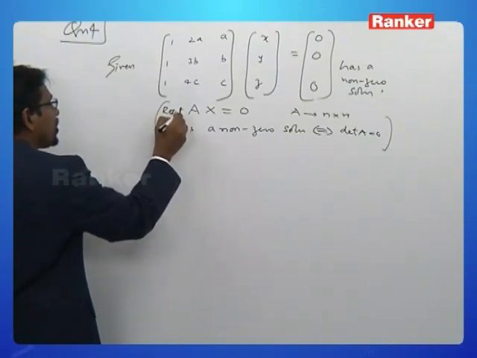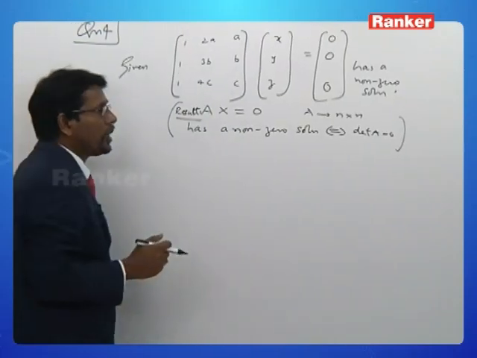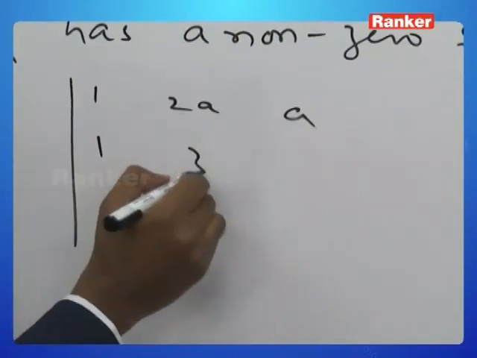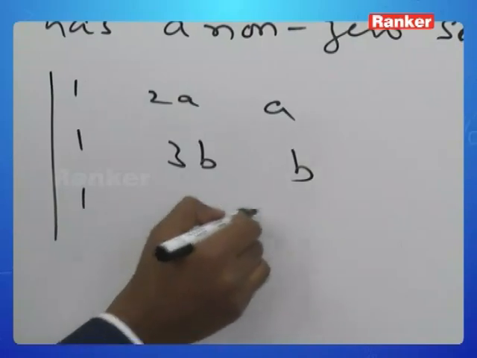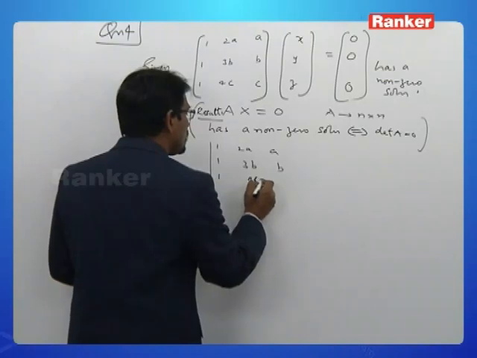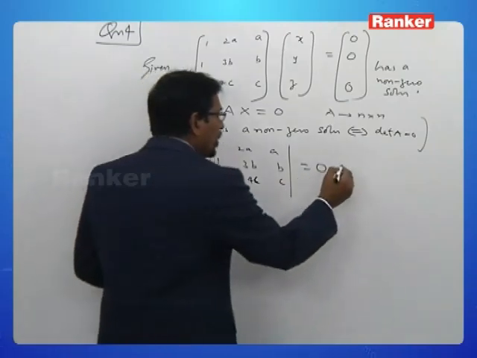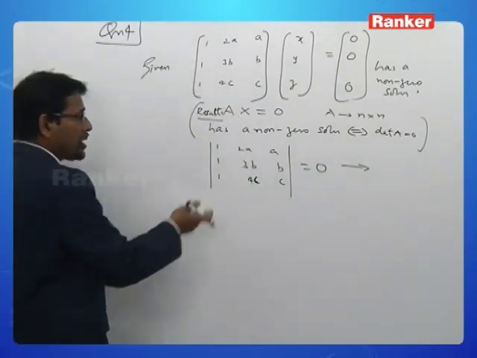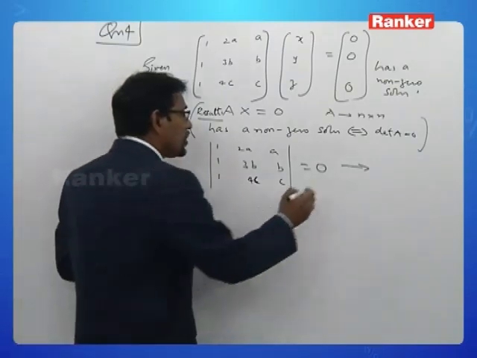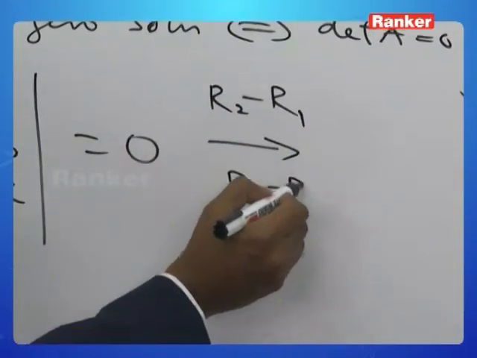So from the result, we can say that the determinant of the coefficient matrix has to be 0. So let's look at the determinant with rows 1, 2a, a; 1, 3b, b; 1, 4c, c, which must be 0. We can open it up as it is, but I'll make these two entries 0 by simple row operations, R2 minus R1 followed by R3 minus R1.